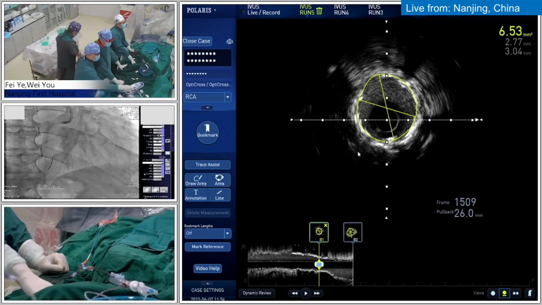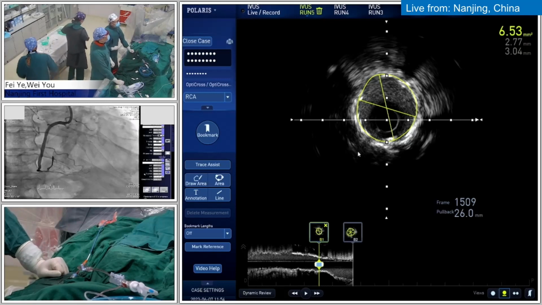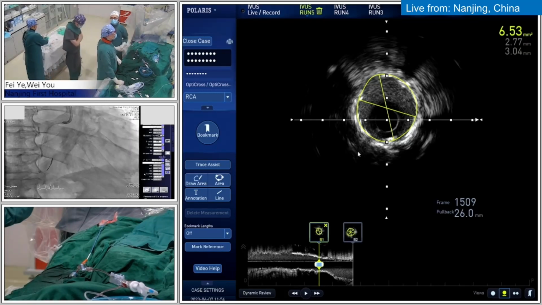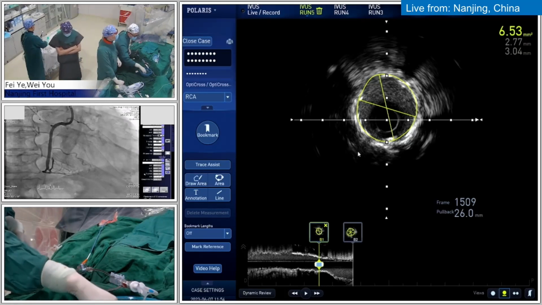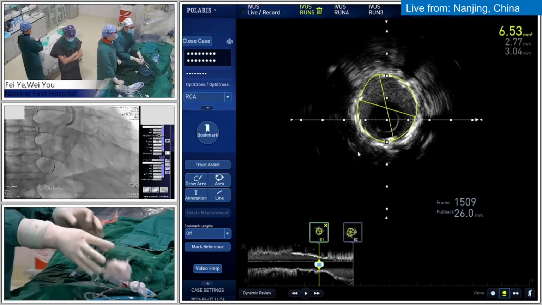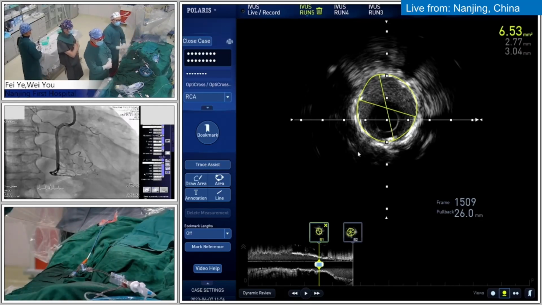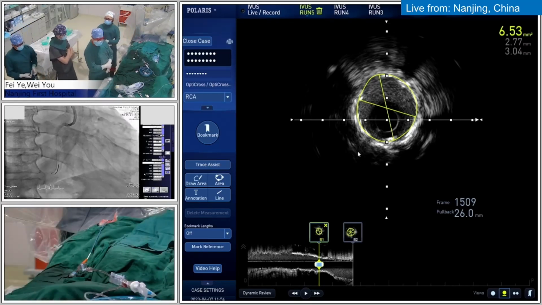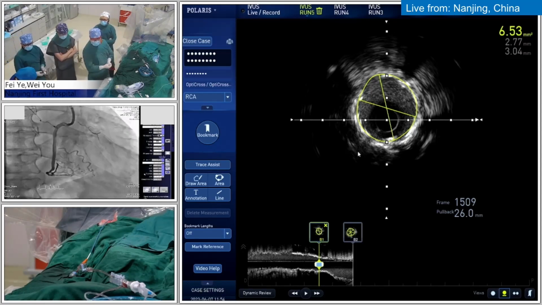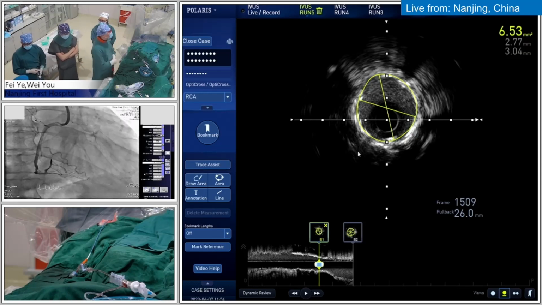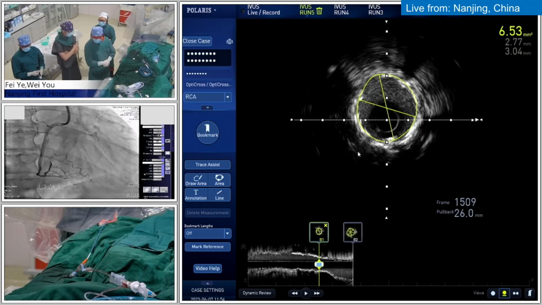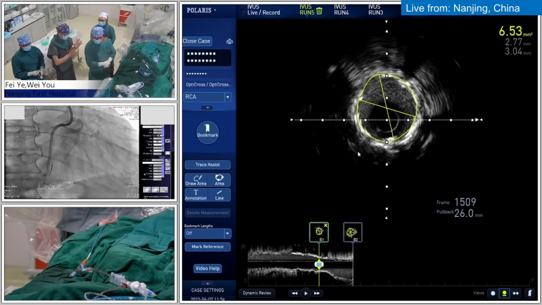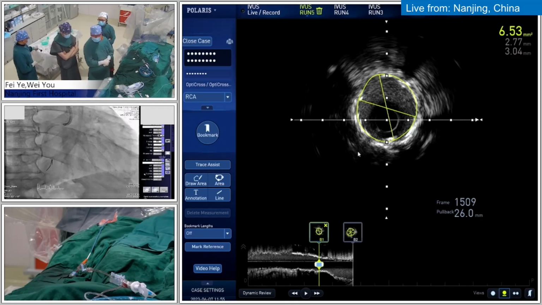Even though IVL used for post-stenting is not indicated, there is no consensus or guideline for IVL post direct stenting. So, Chief, you mean the newly deployed stent or the old deployed stent? Old stent is okay, because after stent failure for several times there is no polymer, no drug on the surface of the stent. Okay, we can use IVL.